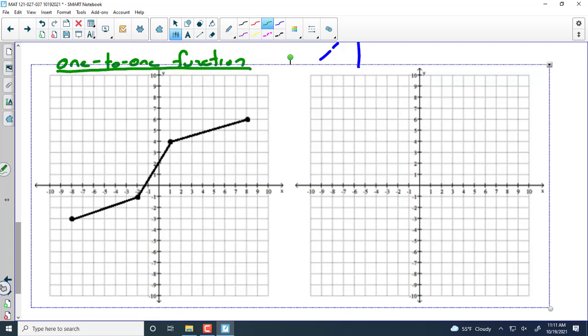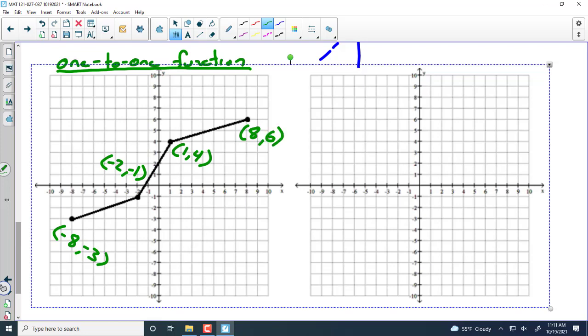Does everyone agree that it passes both the vertical and horizontal line test? All right, so that is a one-to-one function. Now, let's go ahead and draw the inverse of that. I think to do the inverse, I'm going to need some ordered pairs here. So I'm going to have (-8, -3), (-2, -1), (1, 4), and (8, 6).